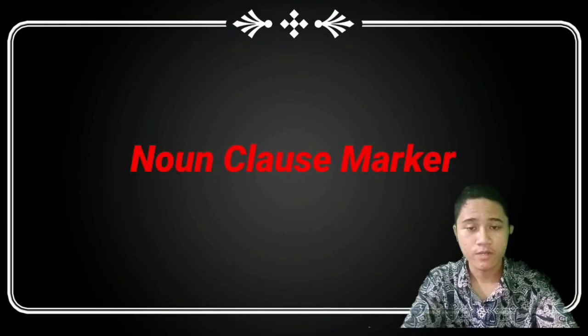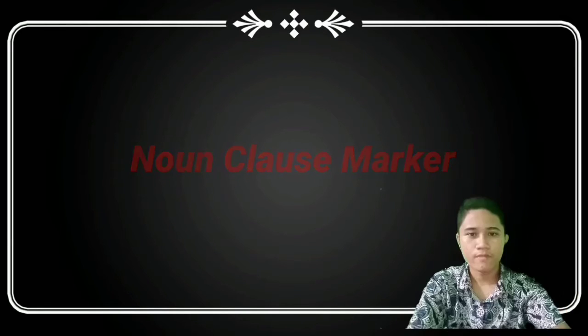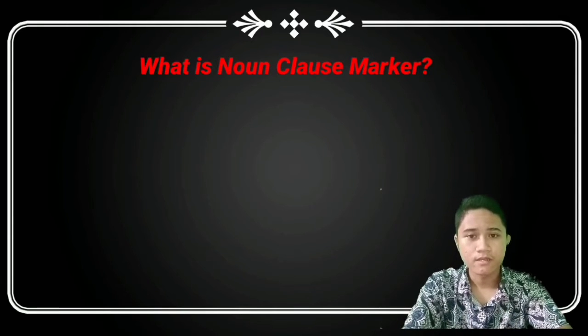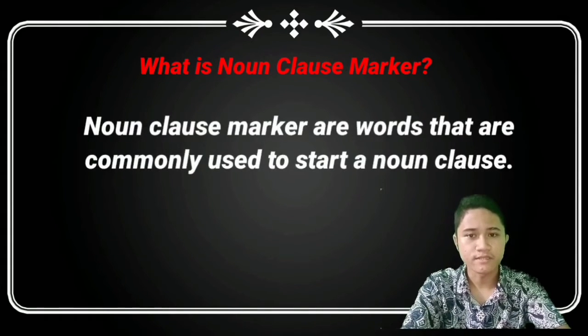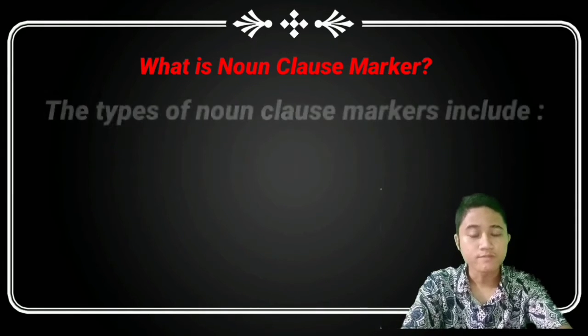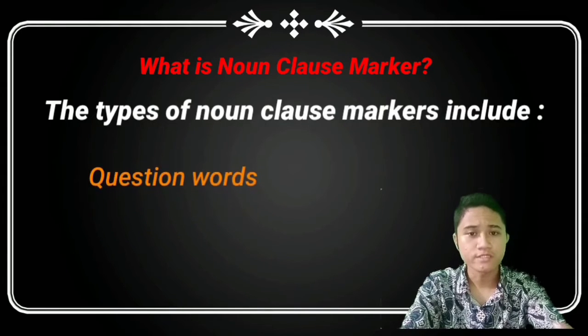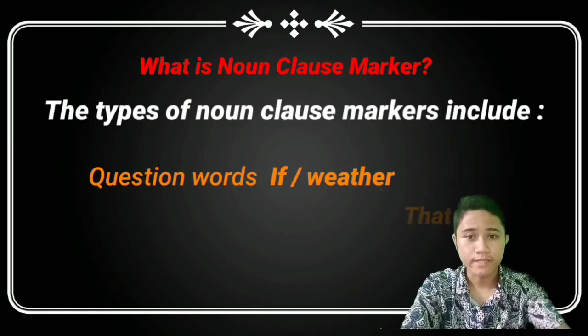Okay, now I will explain about noun clause markers. Check it out. Okay, now what is a noun clause marker? Noun clause markers are words that are commonly used to start a noun clause. The types of noun clause markers include question words, if or whether, and that.